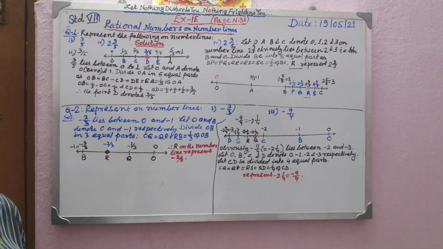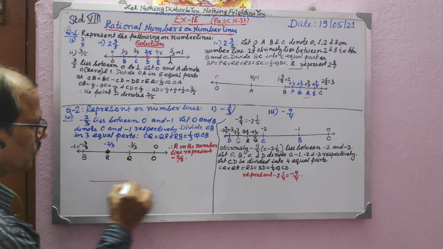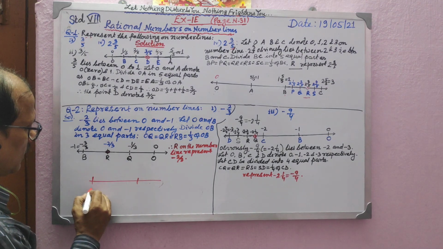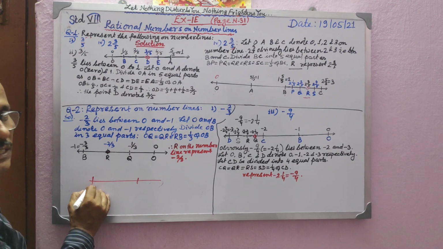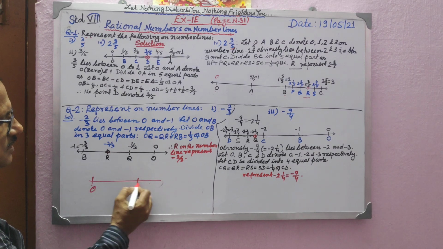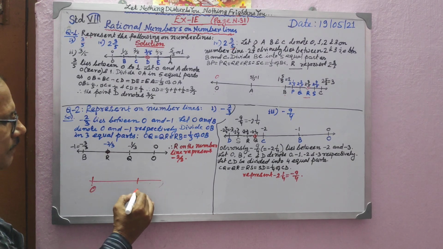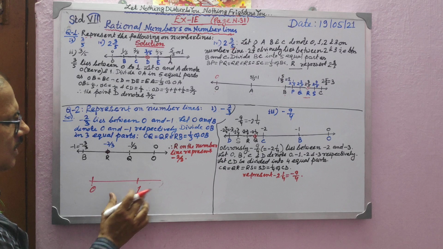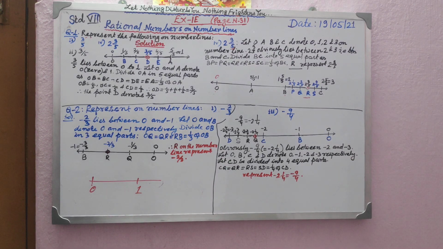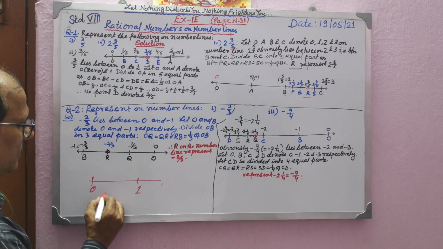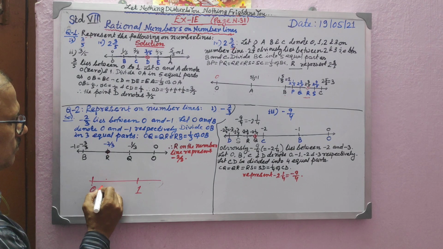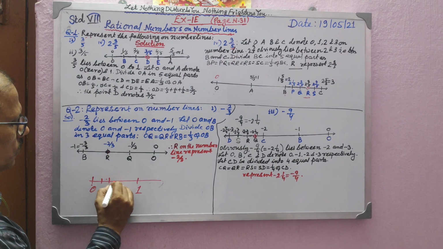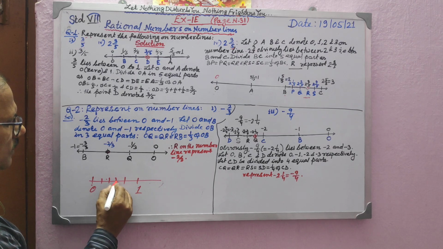Why is it so? Because you can come to know how much distance in centimeters a particular point lies from the origin, that is 0. If 0 to 1 is equal to 10 centimeter, then make 5 equal divisions: 1, 2, 3, 4 and 5. This will be 3 by 5.